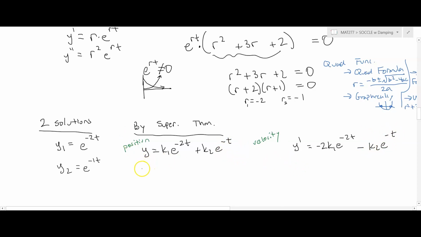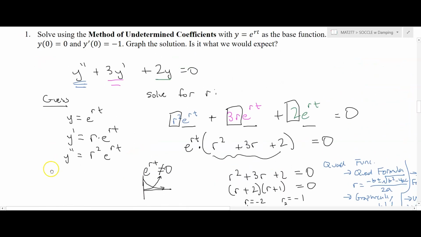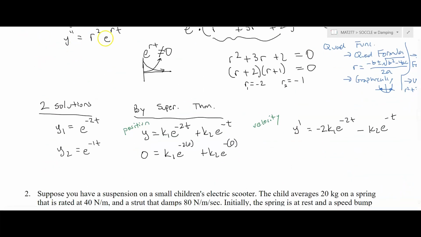And now we can plug in our initial position, which is 0 at time 0, k1 e to the -2 times 0 plus k2 e to the -0. And our initial velocity is -1, so we'll plug in -1 for the initial velocity: -2 k1 e to the -2 times 0, minus k2 e to the -0.